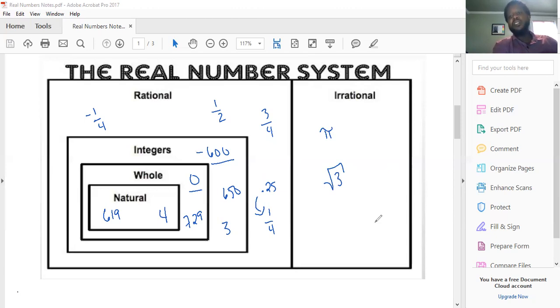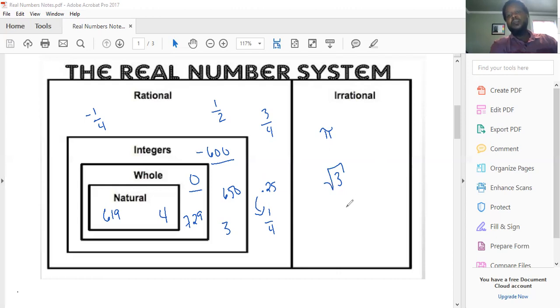Something that would not be considered an irrational number would be like the square root of -3, because that's actually an imaginary number. That number doesn't actually really exist. It's not a real calculation. So these are examples of irrational numbers because they don't terminate, right? They're not terminating decimals, and so they can't be written as a fraction. And so we estimate them, but they're not actually numbers that end in any real way, okay?